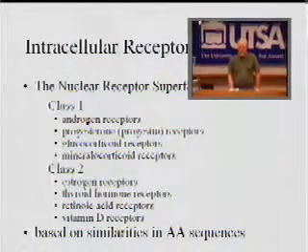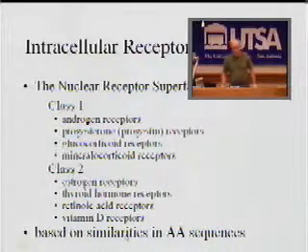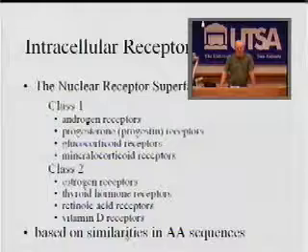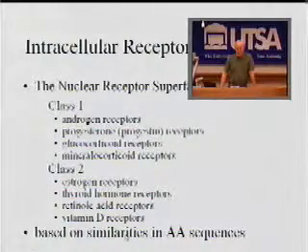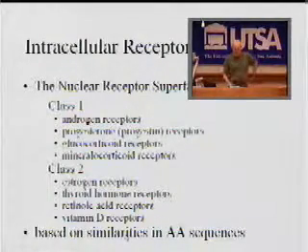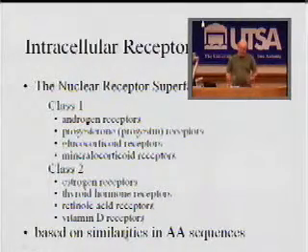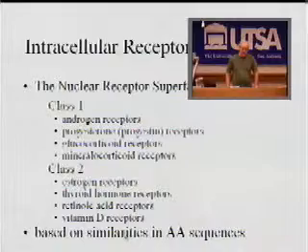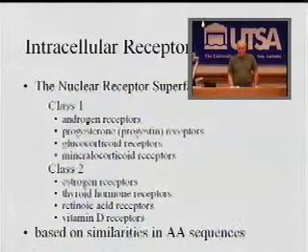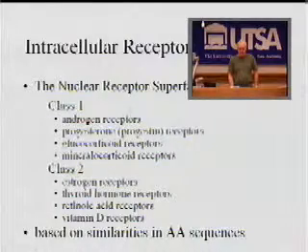So all of these hormone receptors are proteins. They have been identified, isolated, purified, characterized, sequenced, and so on and so forth. And the genes have been identified, characterized, sequenced, and investigated, as well as the promoter regions for most, if not all of these.